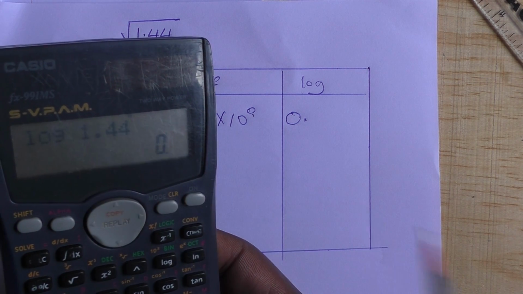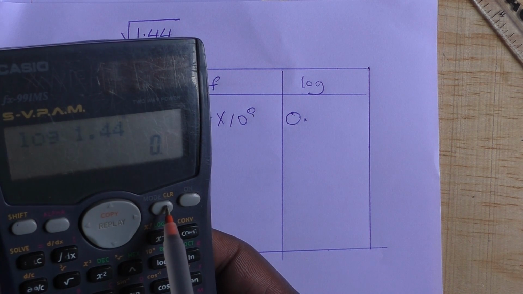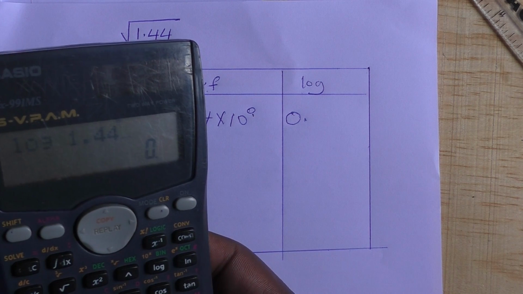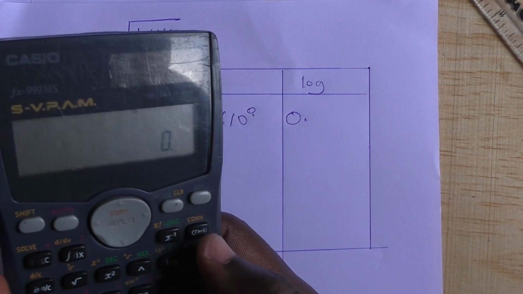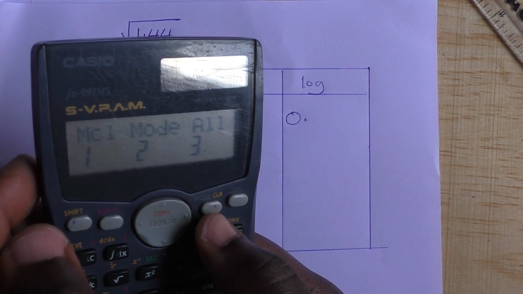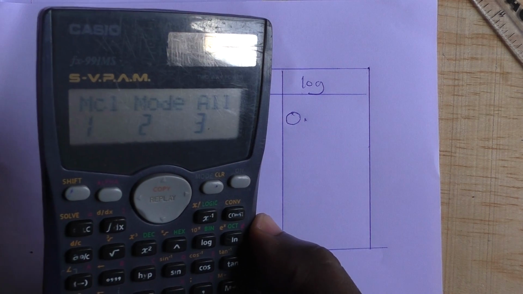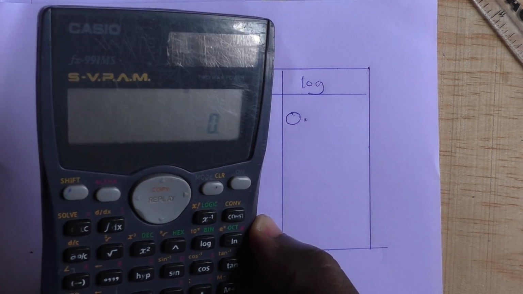If not, please press shift and clear. Then you press number 3. This is what I mean: you press shift, clear, you press all, that is 3, and you press equals, so it will be reset.